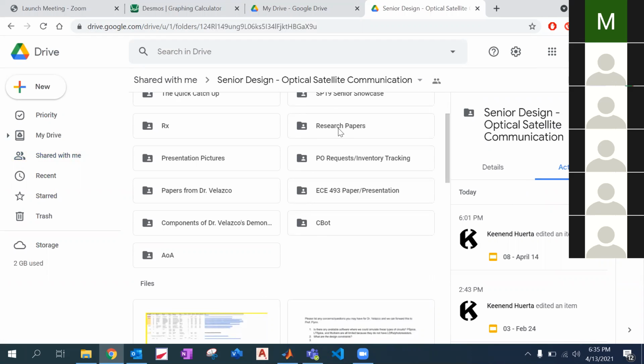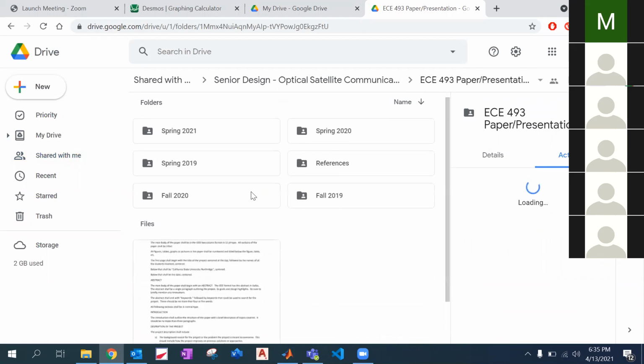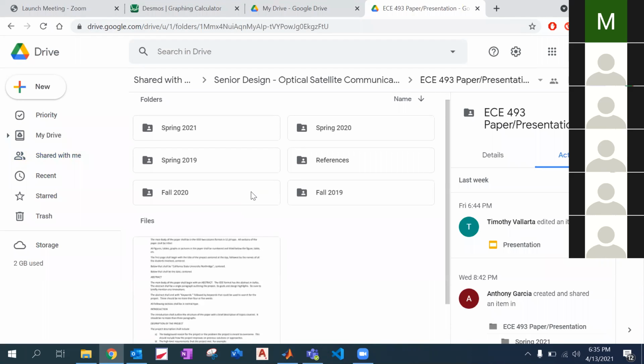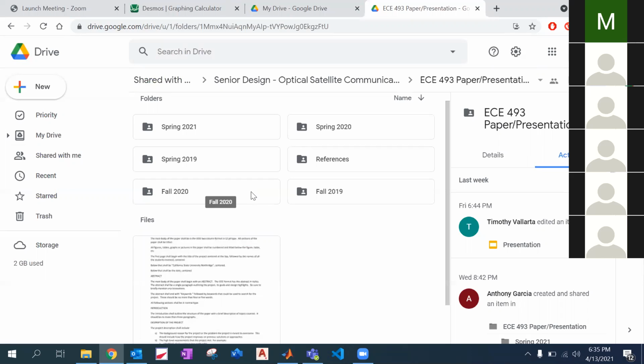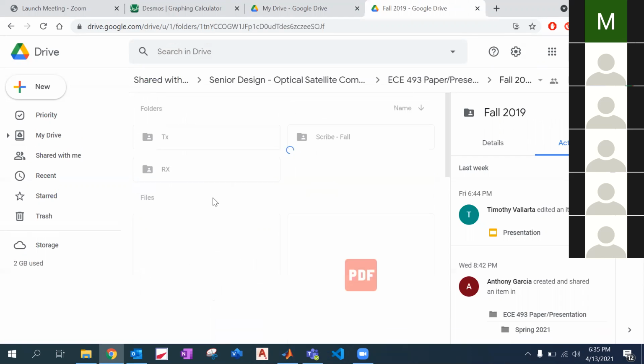Was it in here? Was it like presentation papers, or like at the end of the semester? Yeah, the end of the semester, those ones. It should be in there, that folder. What year was I? I always forget. Fall 2019. Okay.